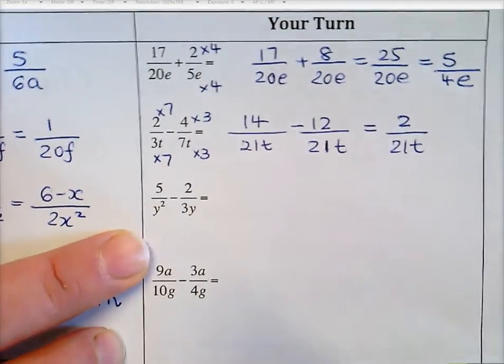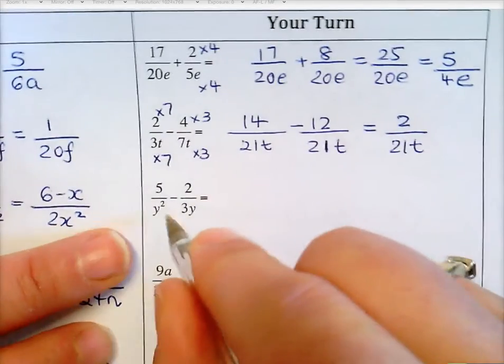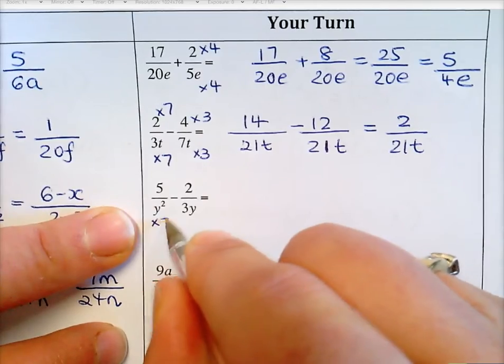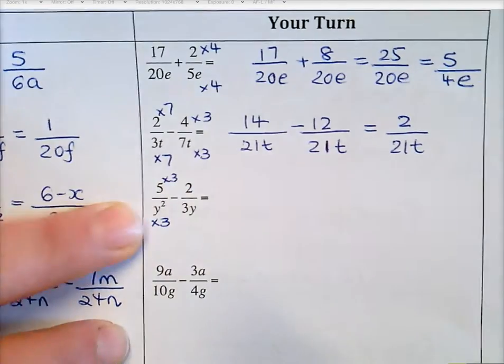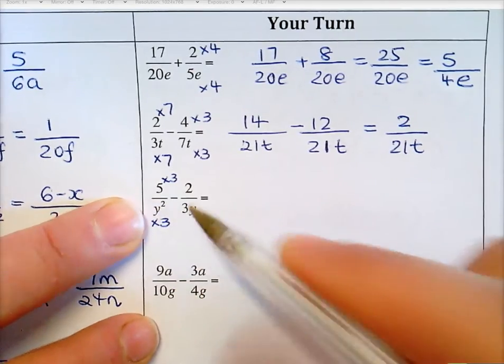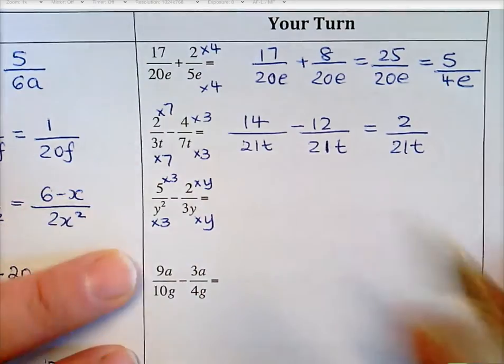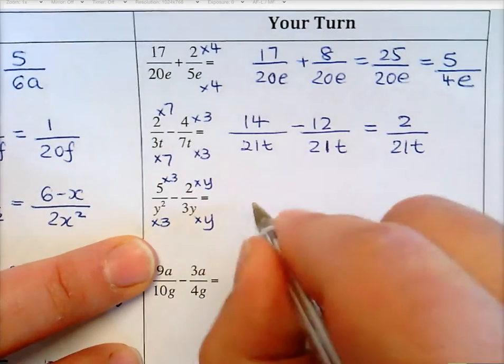With the third question, you need to look at the numbers separately and the y separately. This first one is missing a 3, so we'll times the first fraction by 3. And the first fraction here has a y squared, but the second fraction's only got a y. This one needs an extra y as well. So both denominators now will be 3y squared.